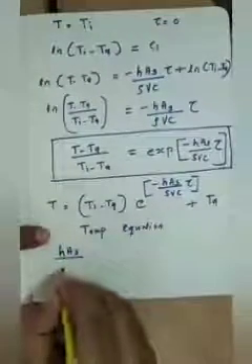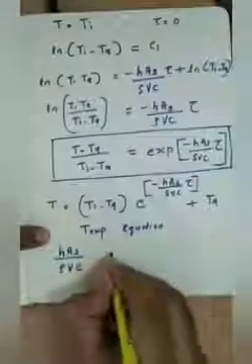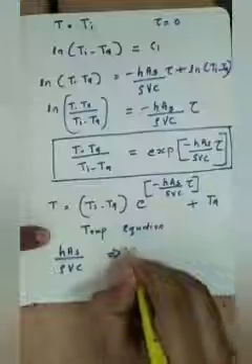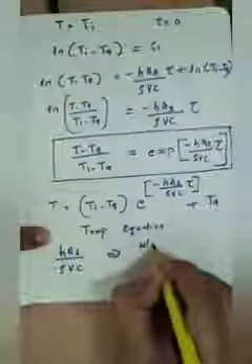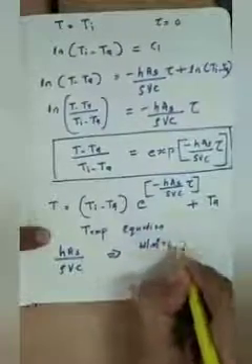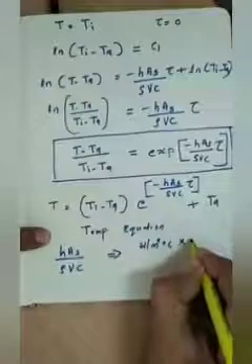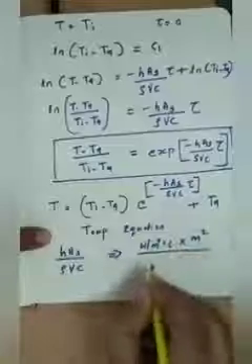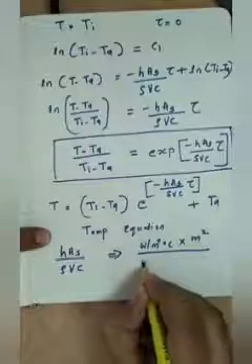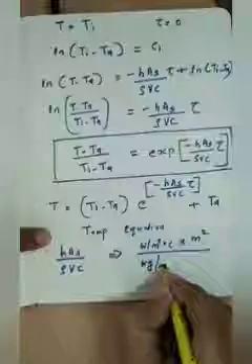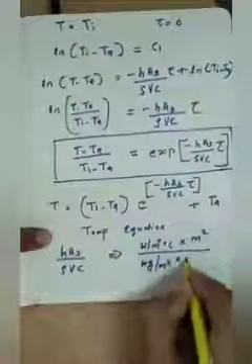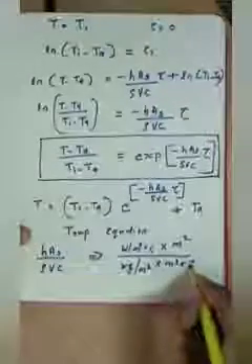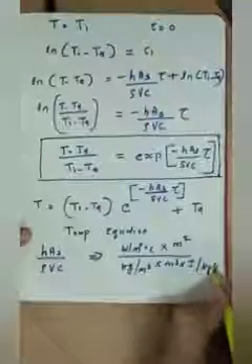HAS by rho Vc unit. The unit of H is watt per meter square degree Celsius, the unit of surface area AS is meter square, and rho is mass by volume, kilogram per meter cube, and volume is meter cube, and C is joule per kilogram Kelvin.